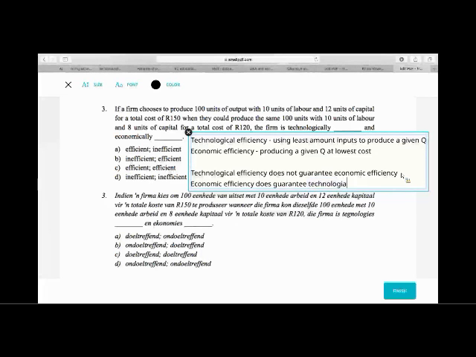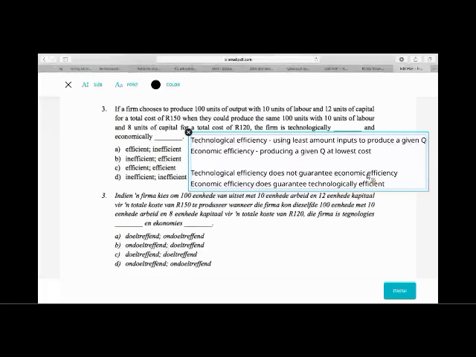If a firm is economically efficient, it has to be the case that they will be technologically efficient. But if a firm is technologically efficient, it doesn't guarantee that they will be economically efficient.